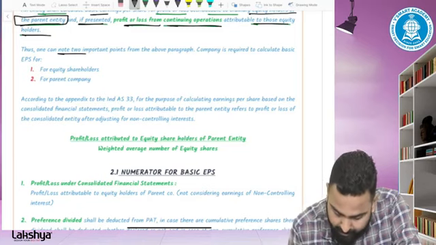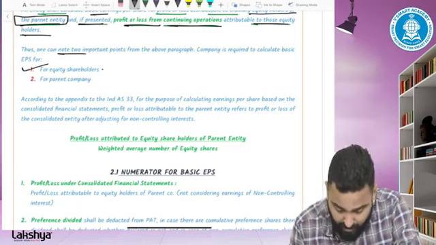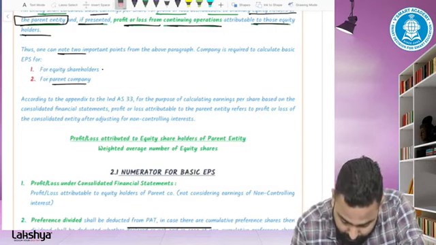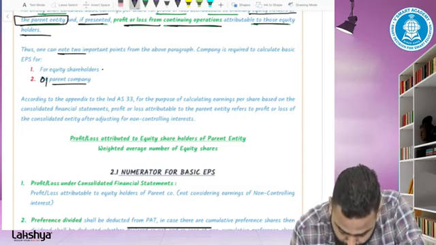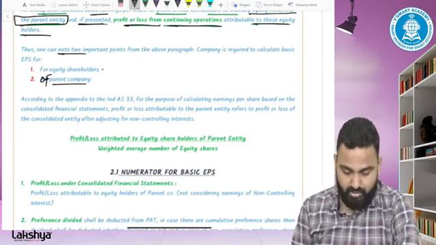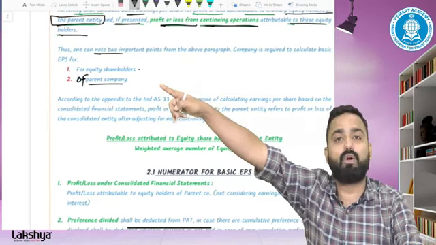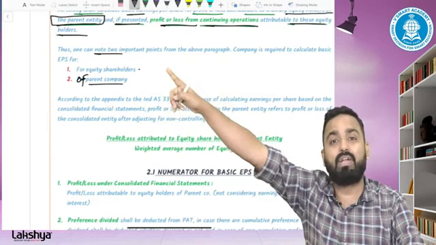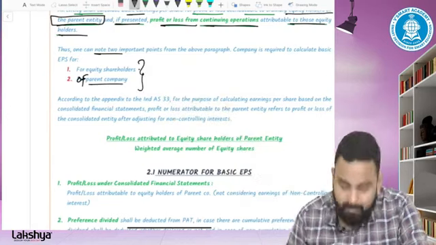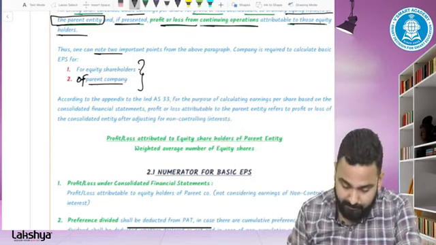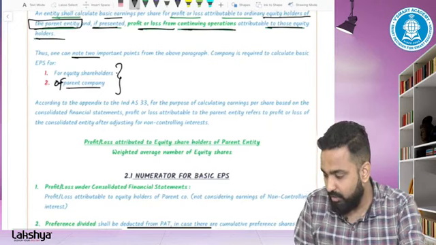The company is required to calculate EPS for equity shareholders of the parent company. You must note this point that we always need to calculate EPS under CFS for equity shareholders of the parent company. Understood or not?